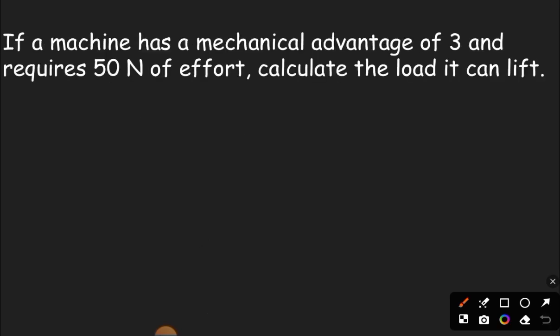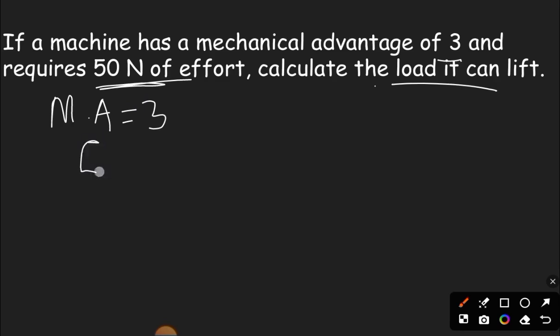Kindly pause the video and then try this question. If a machine has mechanical advantage of 3 and requires 50 Newton effort, calculate its load. So the mechanical advantage is 3 and the effort is 50 Newton.